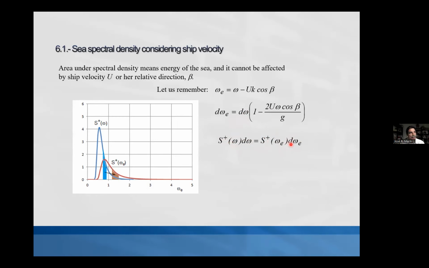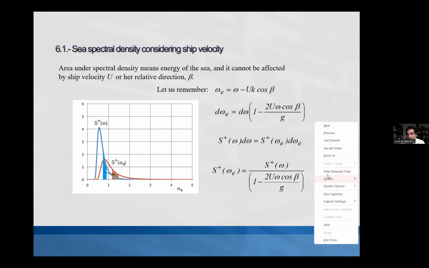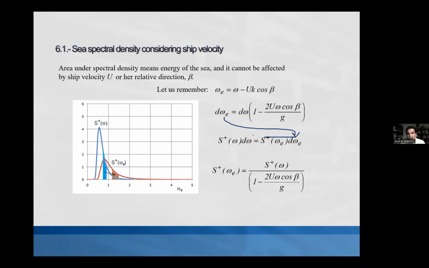We replace here, and then you see that we have d omega on both sides. And from here, we can express this in this way. We replace this, cancel this with that, and this is what we're looking for. So we put this term in the denominator. And this is what we have.